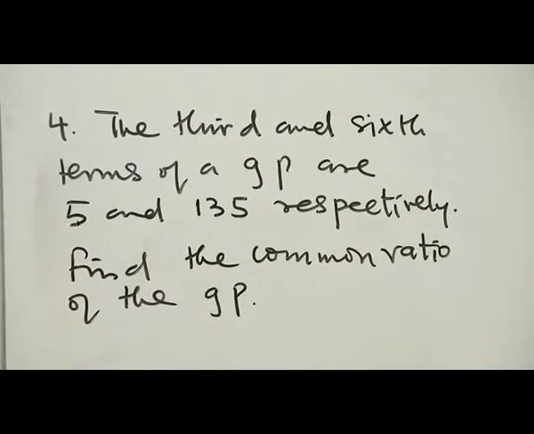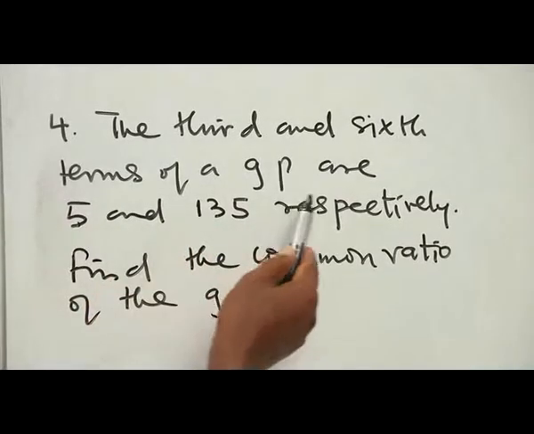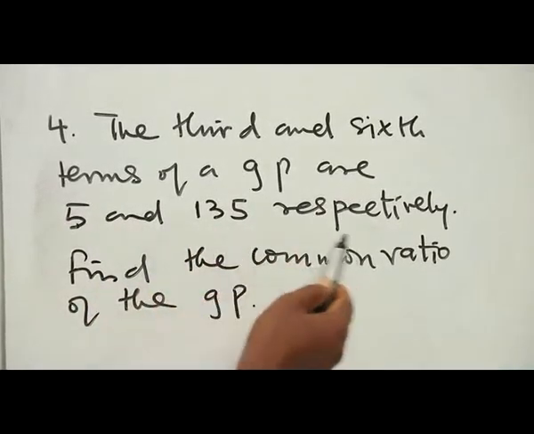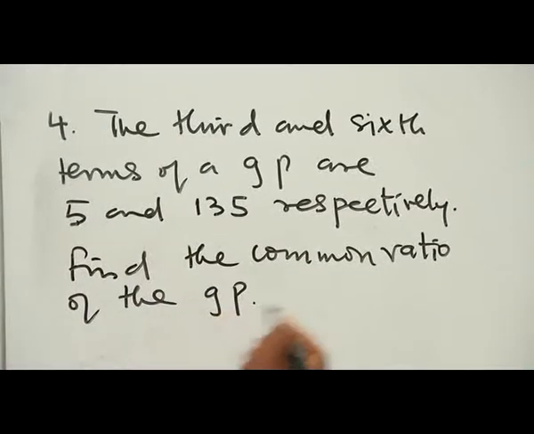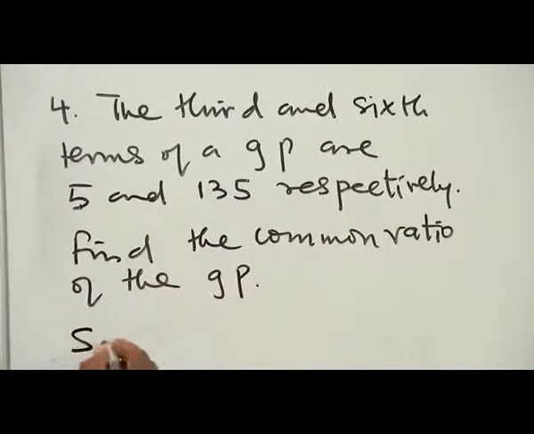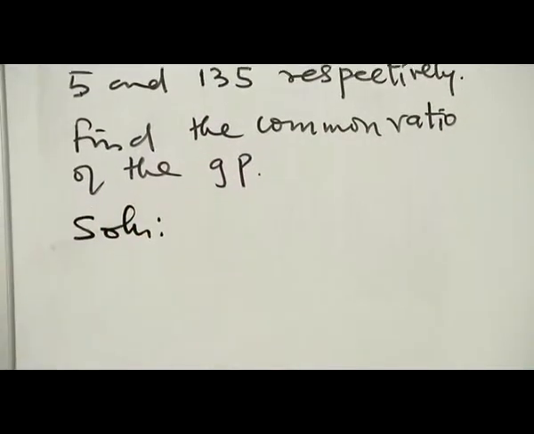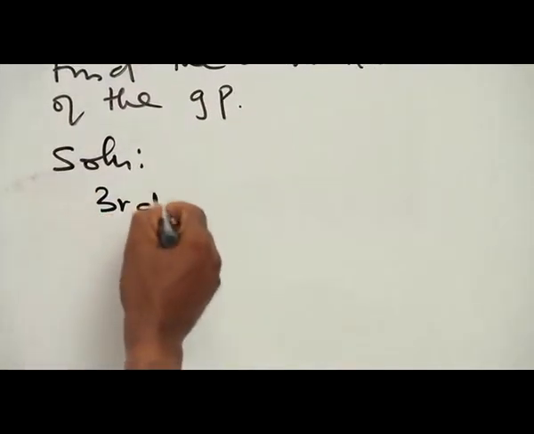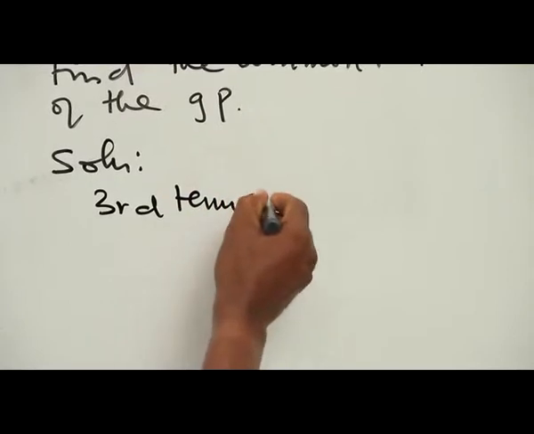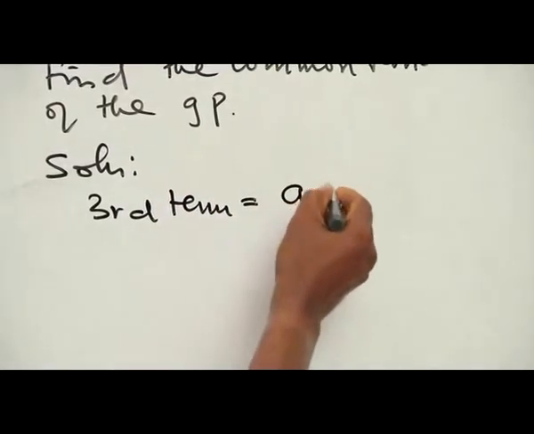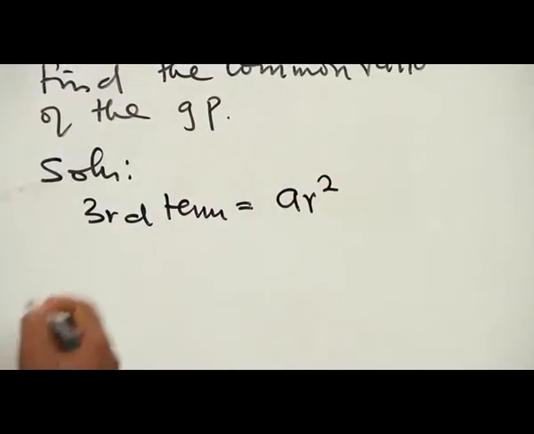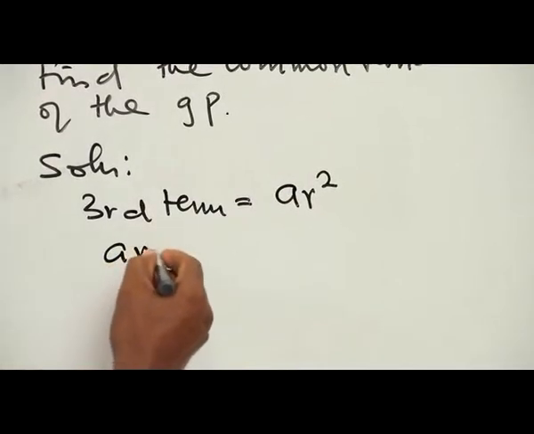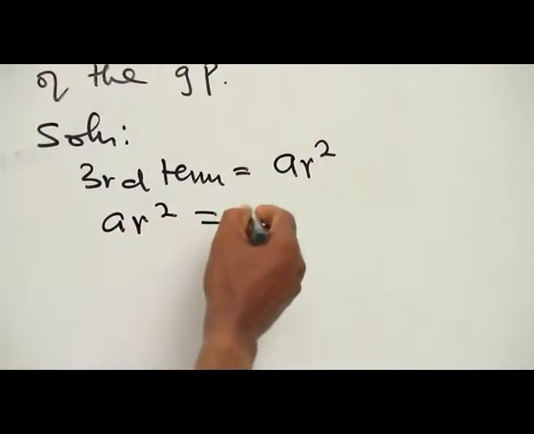Example 4. The third and the sixth terms of a GP are 5 and 125 respectively. Find the common ratio of the GP. Solution. In solving this problem, let's take the third term. Well, the third term is actually equal to a r squared. And so we now have that a r squared is equal to 5.